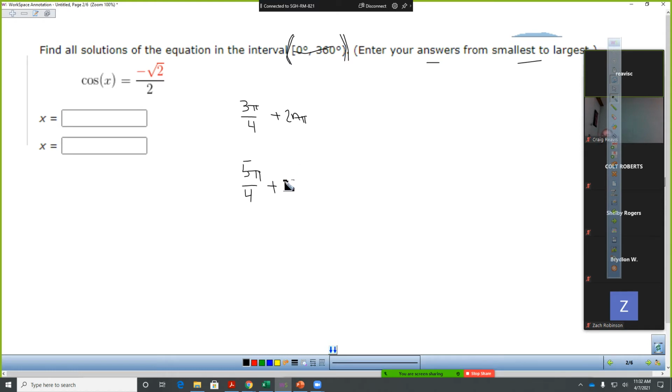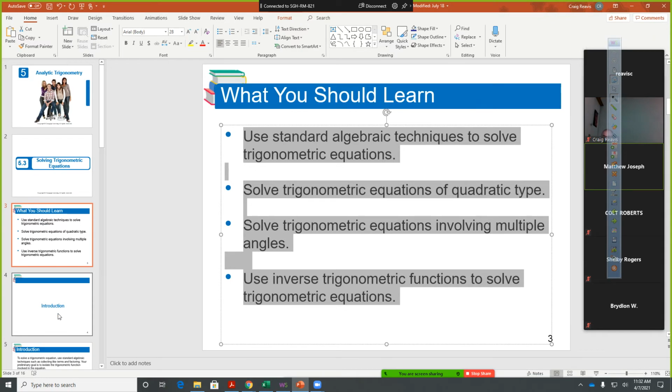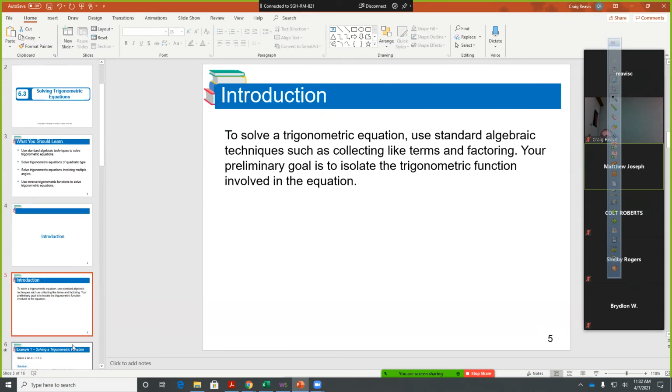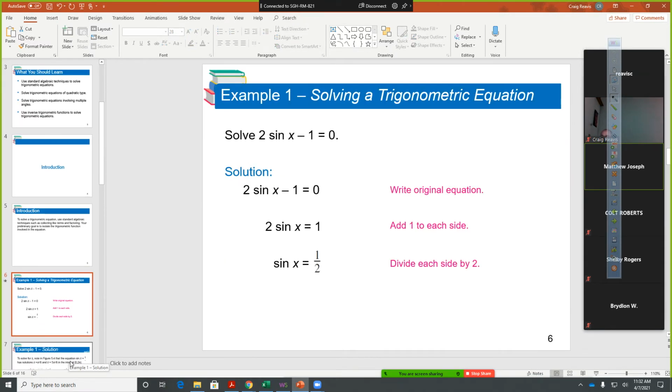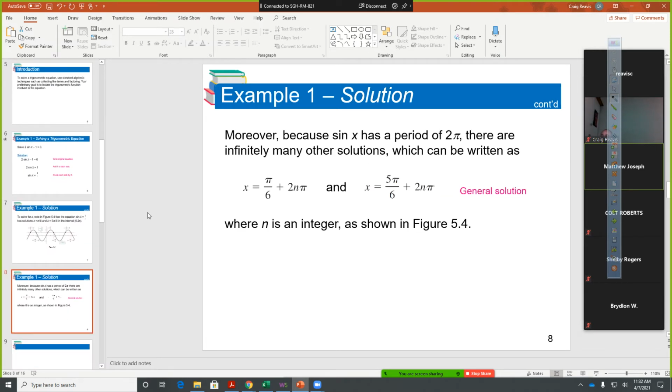So I would say the same thing right here, 2 n pi, where n, and I think that's explained a little better. Let me see. Right here. Moreover, because sine of x has a period of 2 pi, because it goes around, every time you go around the full circle, you're right back at where you were. There's infinitely many solutions, and notice this is what they're saying.